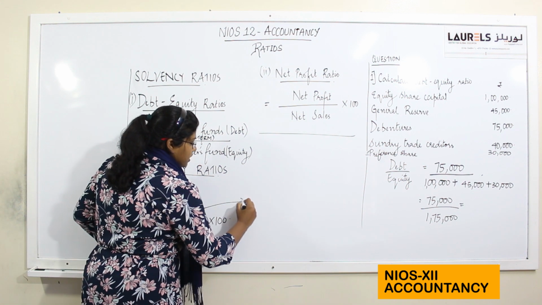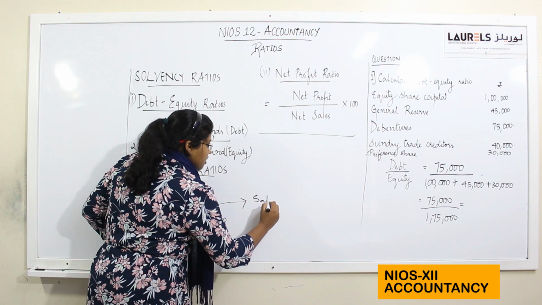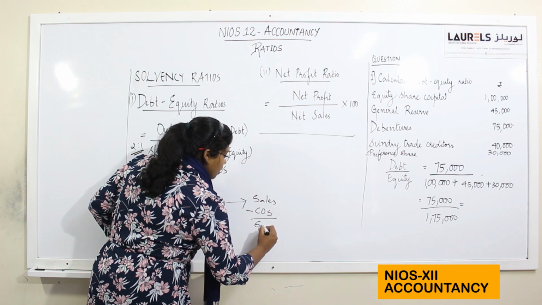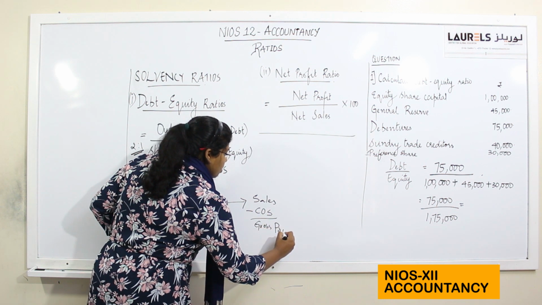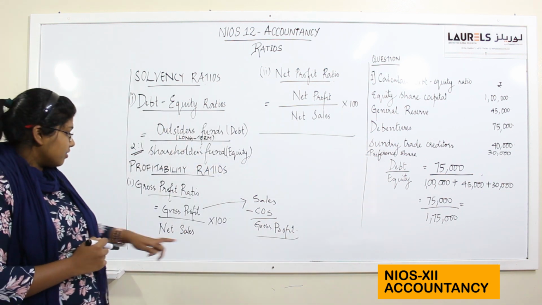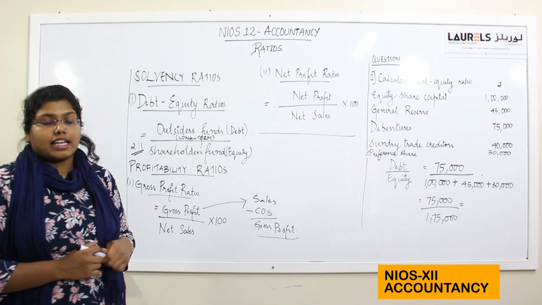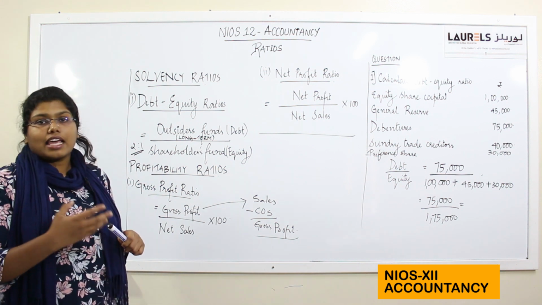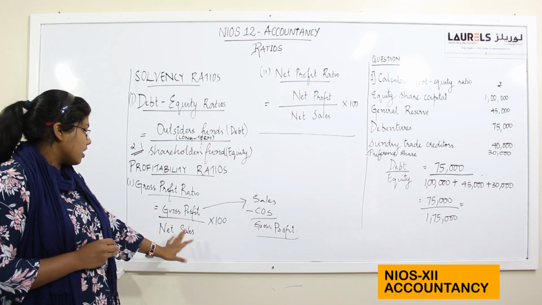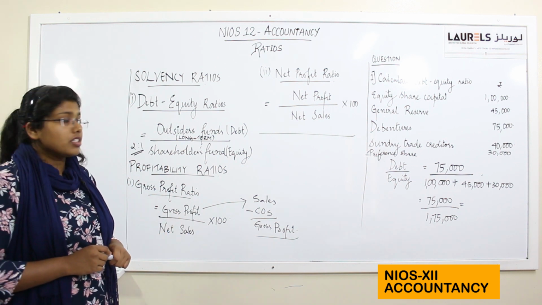Gross profit is sales minus our cost of sales. That is divided by our net sales. Net sales means sales minus sales return or anything like that. Multiplying by 100 gives us the gross profit ratio.